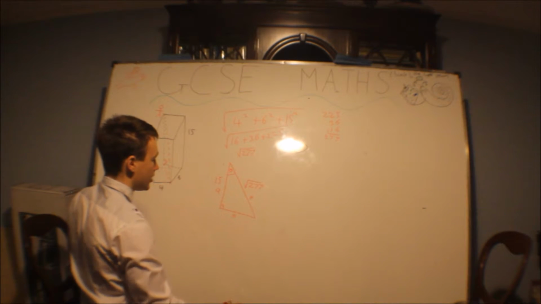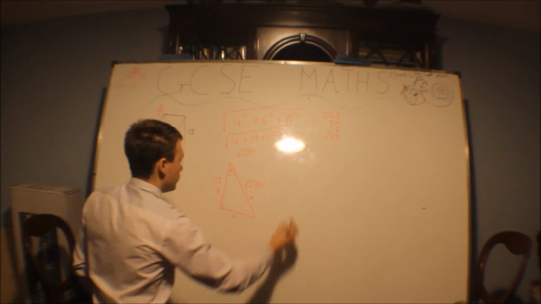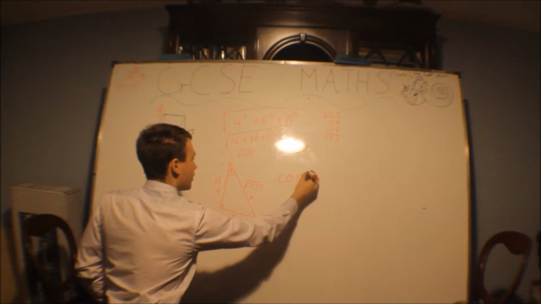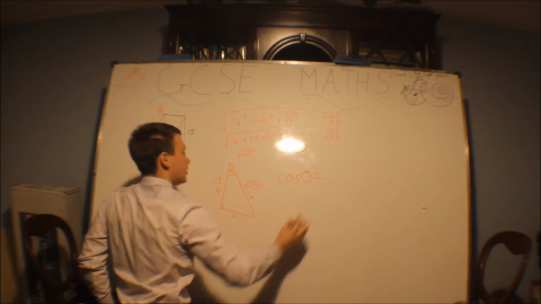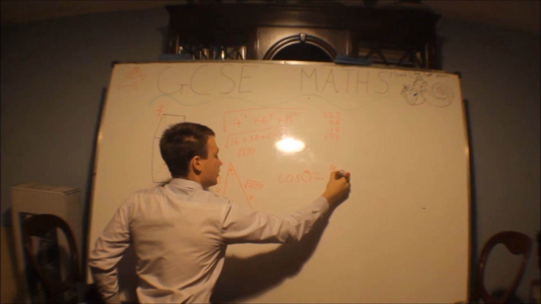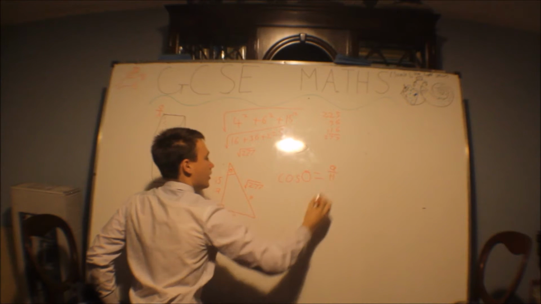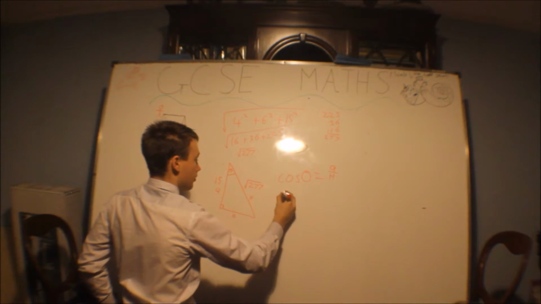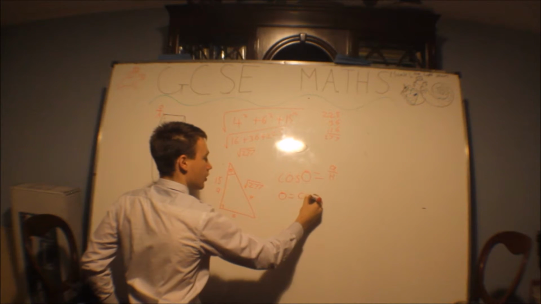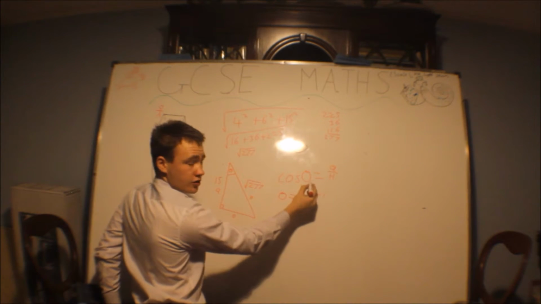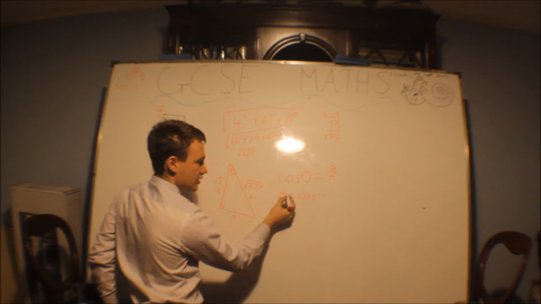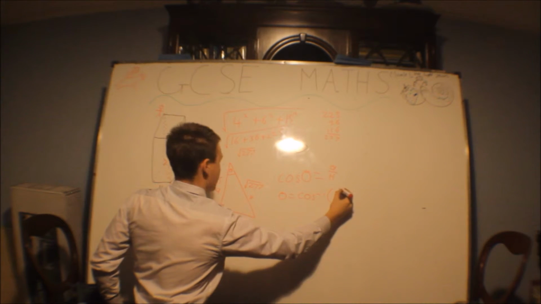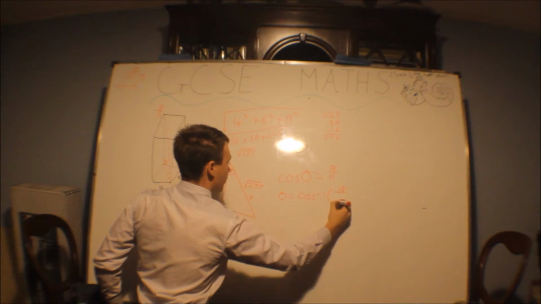If we have our adjacent and our hypotenuse, we want cos of this angle, theta, equals adjacent over hypotenuse. We know our adjacent and our hypotenuse, so we can do theta is equal to cos to the minus 1, remembering that's the same as getting rid of the cos on this side to make the angle the subject of our adjacent over our hypotenuse.